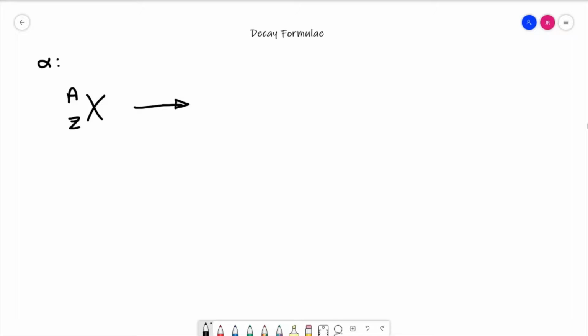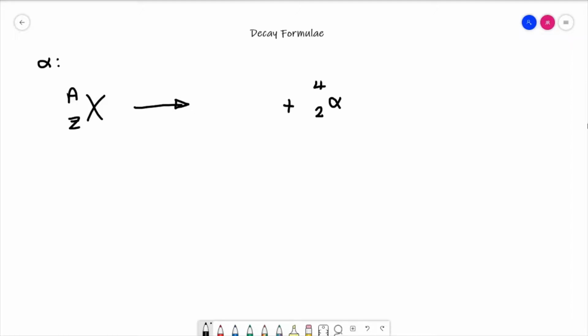When that nucleus decays by alpha decay, it will emit an alpha particle. Now, an alpha particle contains 2 protons and 2 neutrons. Therefore, we can put on our alpha particle the number 2 in place of the proton number because it contains 2 protons, and 4 in place of the nucleon number because it contains 4 nucleons, 2 protons and 2 neutrons.